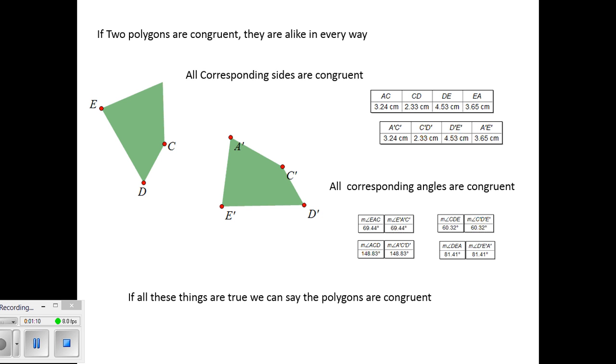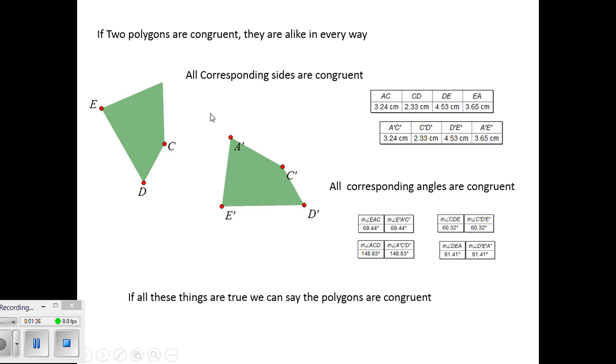You can't have a hexagon being congruent to a pentagon because they don't have the same sides. So obviously they have to be the same type of figure. Then they're alike in every way when all the corresponding angles and all the corresponding sides match up. And we're going to illustrate some of these things using Sketchpad in class. So stay tuned for that.